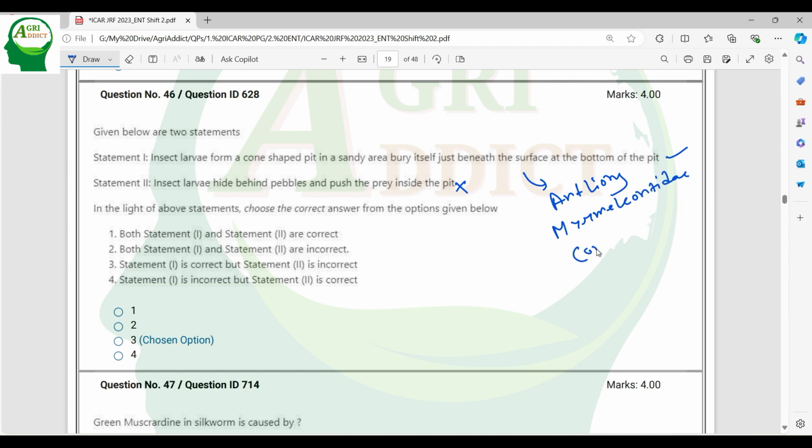They mainly form these conical pits, and the ground beetles mainly form the vertical pit. So here statement 1 is correct. Actually they are not behind the pebbles, they wait in the pits, and when their prey comes near, they catch it by very quick action, very quick reflex.